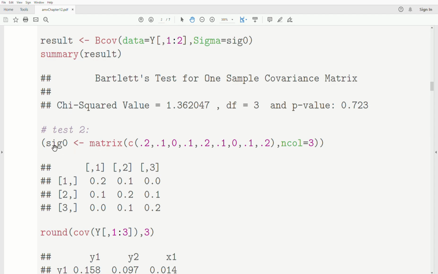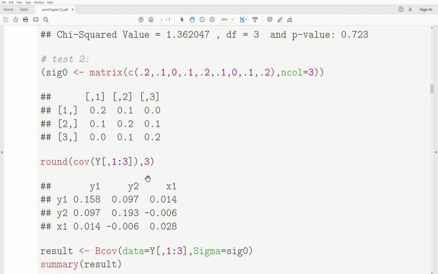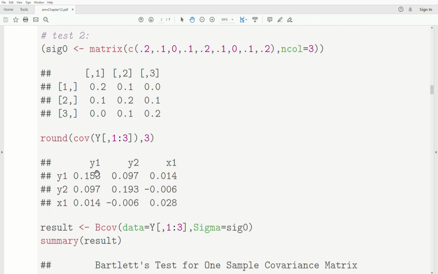Now, just one more quick example, I call it test 2. We're going to look at the first 3 variables of that data set, so it'd be y1, y2, and x1. And I'm going to hypothesize that the covariance matrix is this, and if we look at the sample covariance matrix of the first 3 variables, and I round it to 3 decimals just so it prints a little nicer, yeah, there's some differences, but not too bad. 0.1, this is negative.